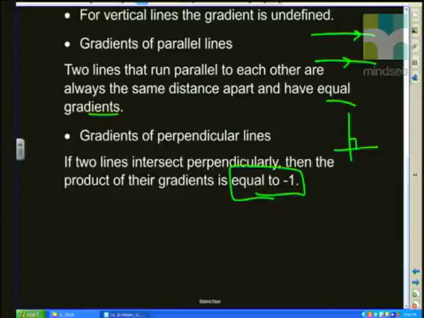So if you multiply the gradient of line 1 by the gradient of line 2, your answer will be -1. We'll look at this in detail when you go over questions, and you will see an application of where the product of perpendicular gradients is equal to -1.